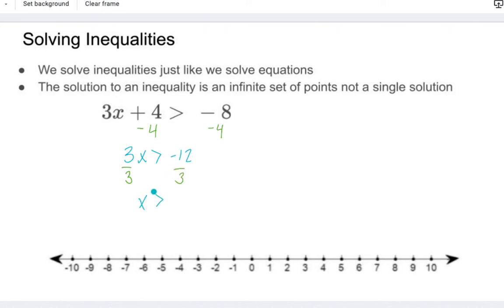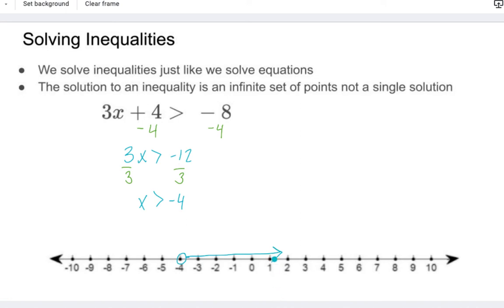So in this case, x is greater than -4. So all the numbers that are greater than -4 are part of the solution set, but -4 itself is not. So we want an open circle at -4 and an arrow that goes to the right.